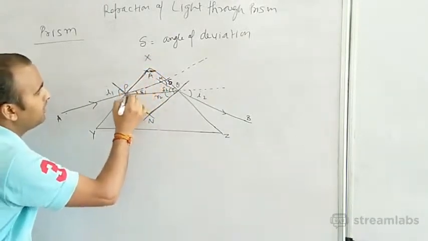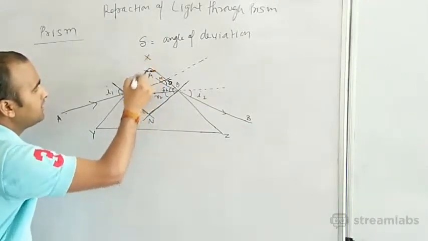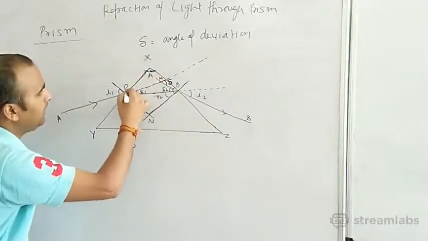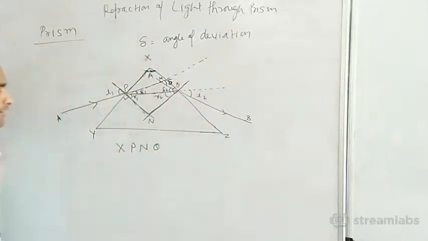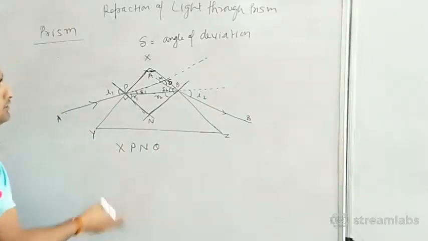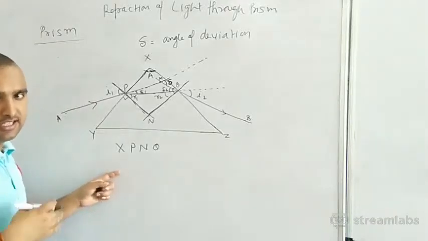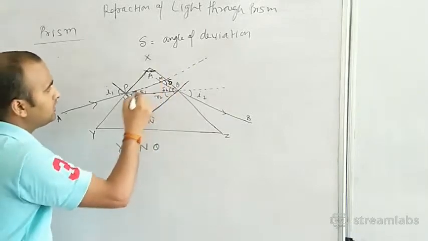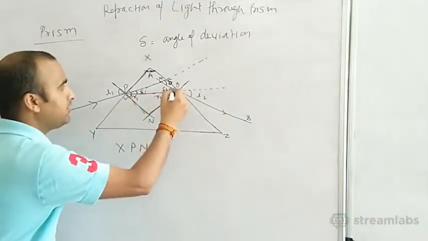Here X, P, N and Q is a quadrilateral. So you know very well the sum of the interior angles of a quadrilateral is 360. So here what you observe, this is 90 degrees, this is 90 degrees, this is also 90 degrees.